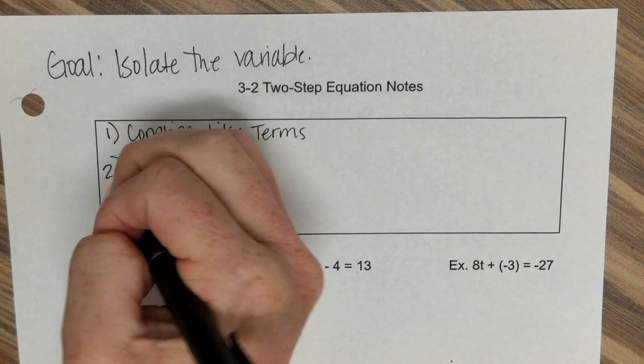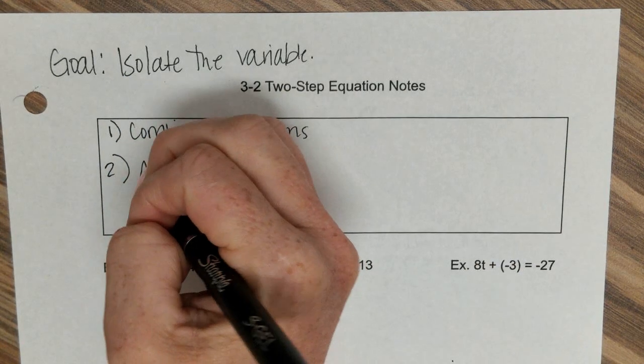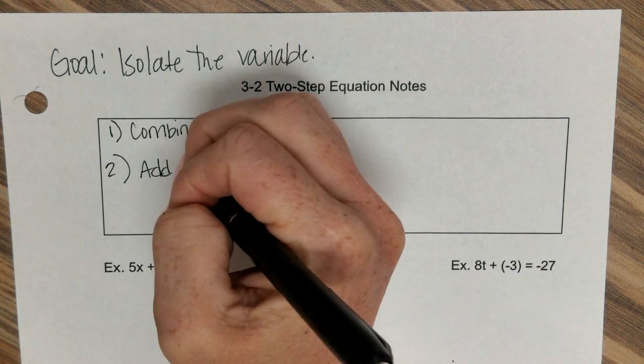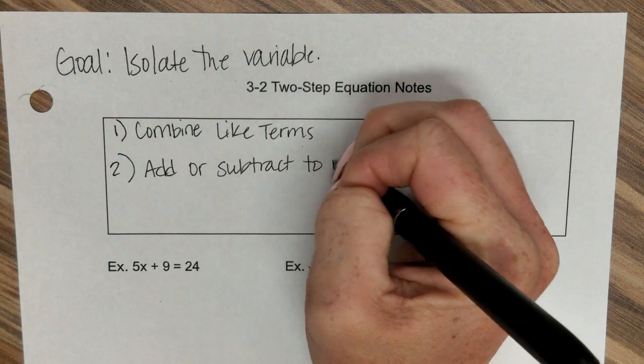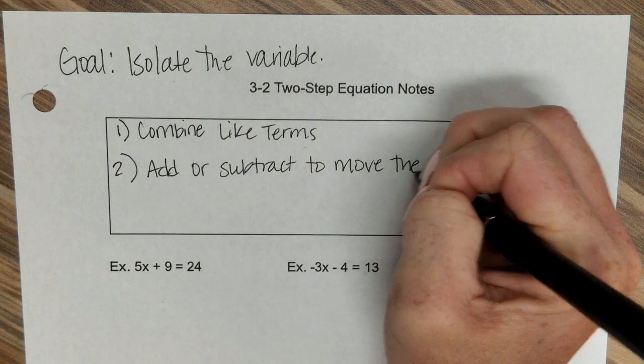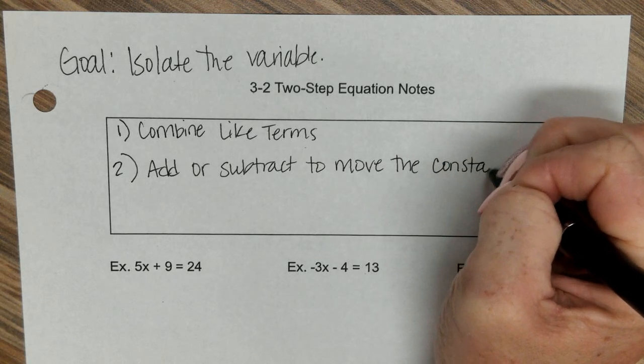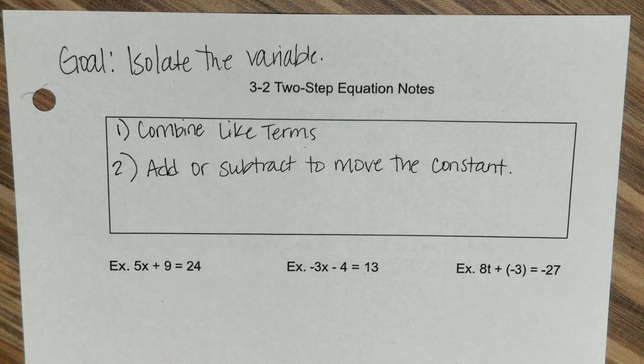Step 2, you're going to add or subtract to move the constant. Remember, the constant's the number by itself. You're going to add or subtract to move the constant, the number that's by itself.